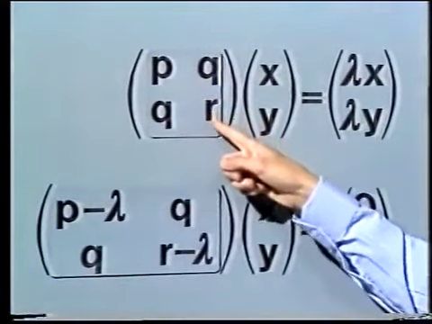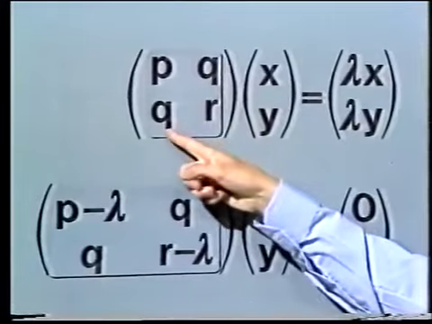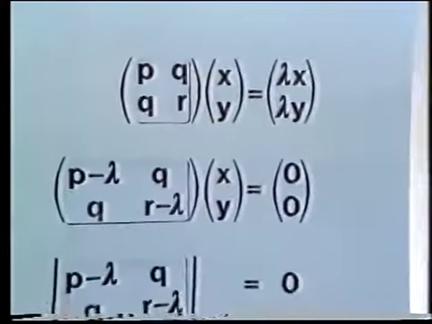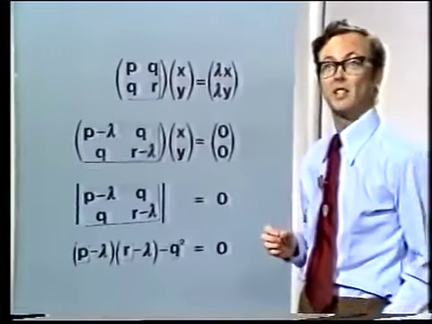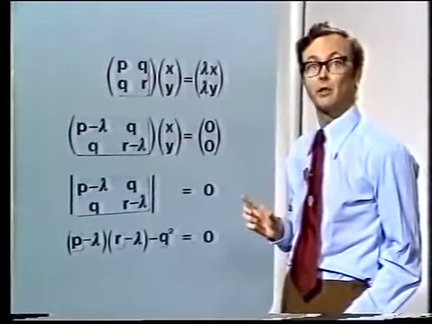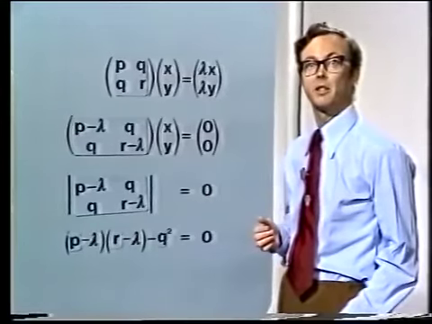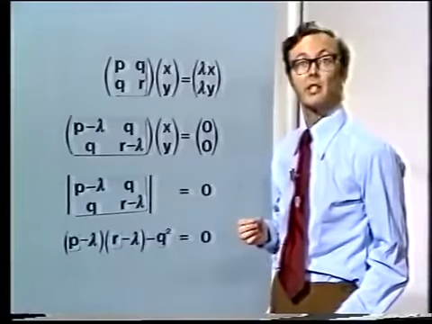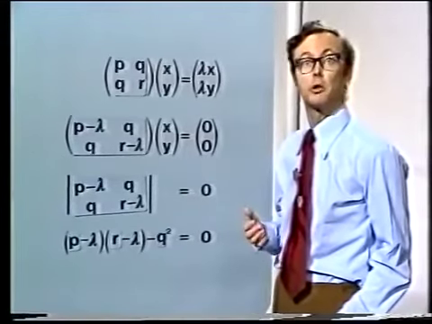But if p is equal to r, and if q is 0, then we've got a diagonal matrix anyway, so we don't need to worry about eigenvectors. But in all other cases, we get two distinct eigenvalues, as we saw from the graph. So to sum up, any 2 by 2 symmetric matrix can be diagonalized given a suitable choice of basis.